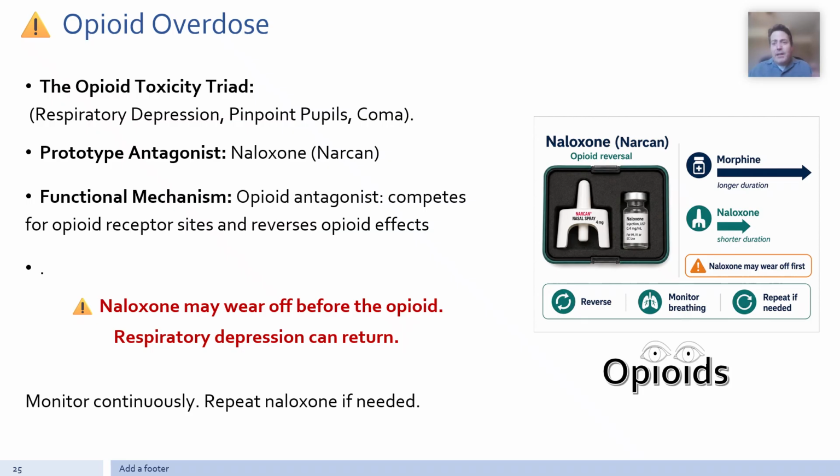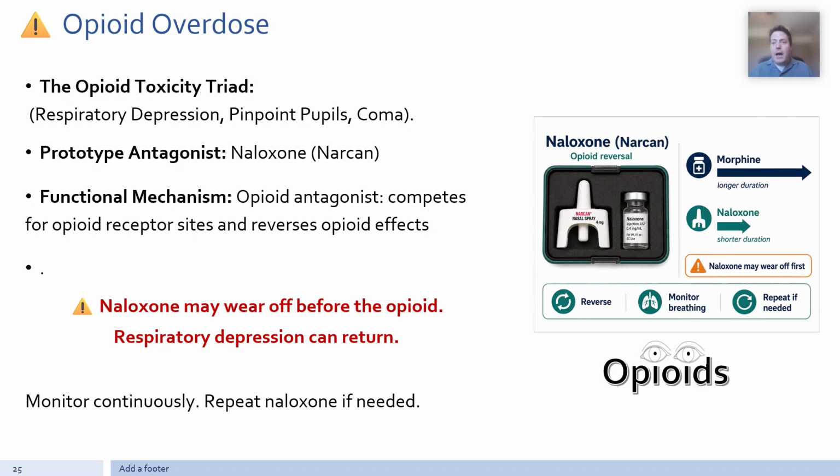But this is the really important thing about Narcan. It doesn't last long. It has a pretty short half-life, only about 30 to 90 minutes, somewhere in there. And some opioids like morphine can stay in your system for hours, which means if you give a medication that cleans off the receptors, but it stops working maybe an hour later, all that opioid is still in the system, and it can cause a repeat overdose.